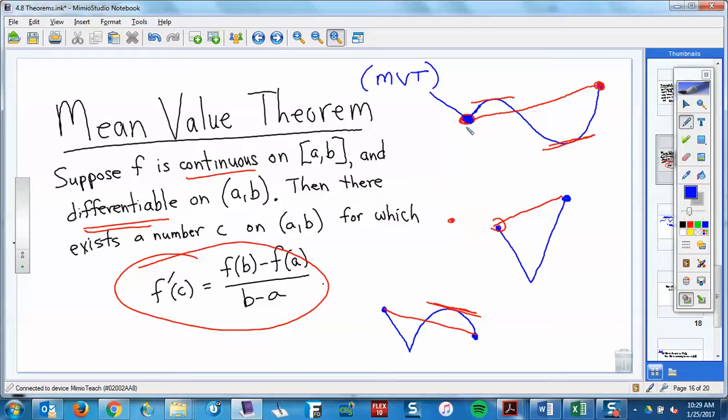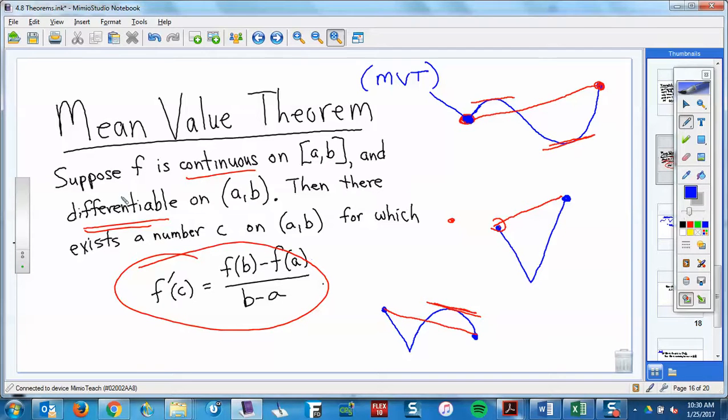That's all we need to guarantee that there's going to be a point that will have that slope between the endpoints. So we don't care if there's a sharp point at the endpoint. That wouldn't bother us. Now, if there's not a sharp point, that's okay too. But if there is, we don't care. So that's why we can't say it has to be differentiable on the closed interval, because it doesn't have to be. If there's a sharp point there, it would still be okay.